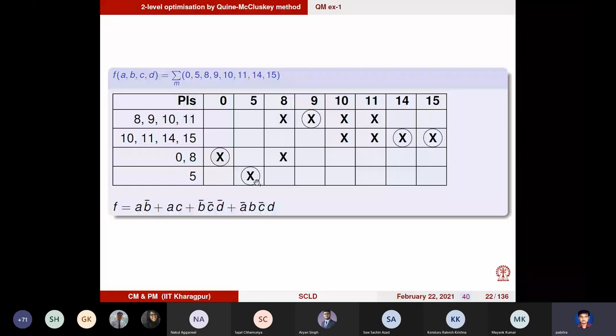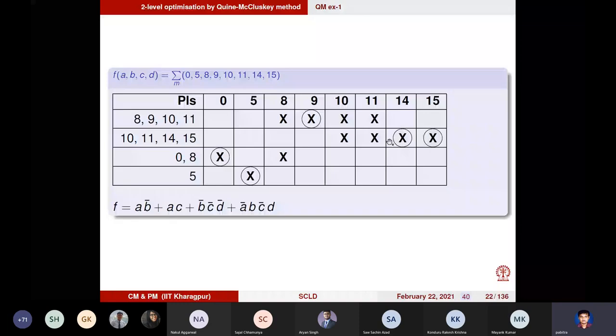But there is one more reduction you can do. Essential prime implicants you cannot drop, so they are always there. Let us see what other columns are covered by these essential prime implicants. 10, 11, 14, 15 covers 14, 15, but it also covers 10 and 11.